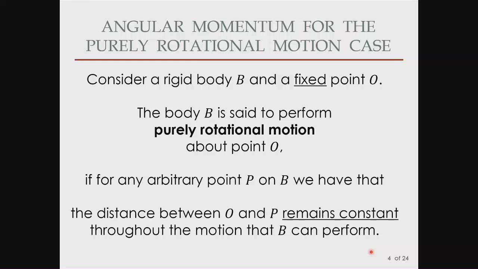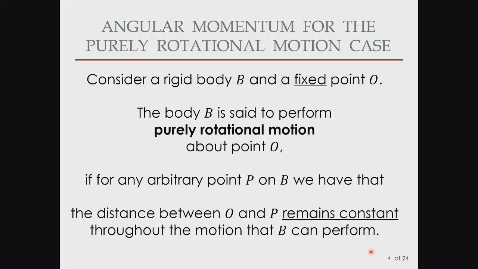Okay? So the distance between this point O, which is fixed, I remind you, to any point of your choice on the rigid body must remain constant. The distance remains constant. Okay, so I'll give you some examples of what is and what is not purely rotational.